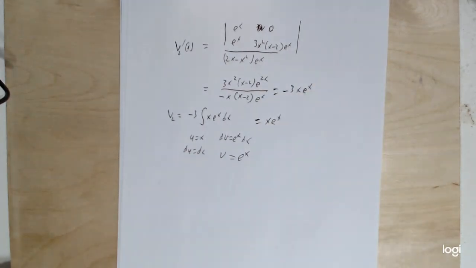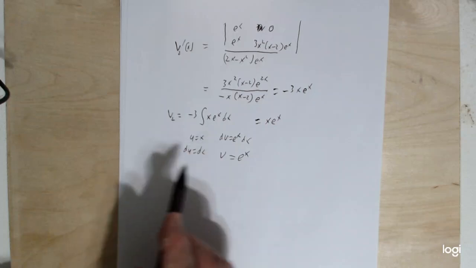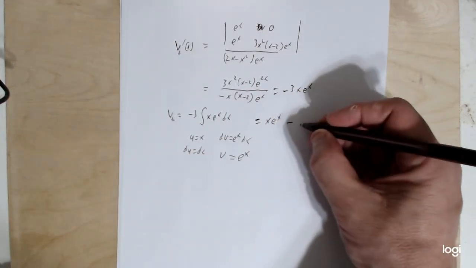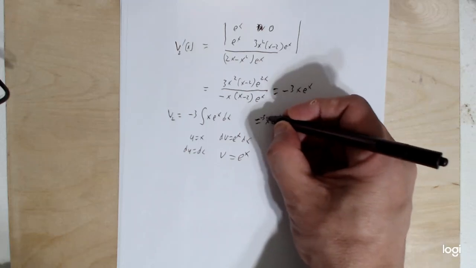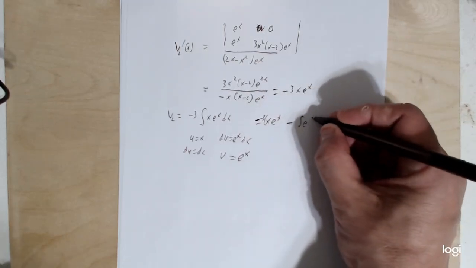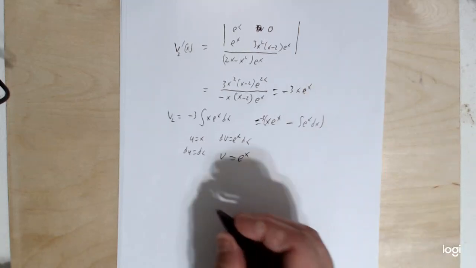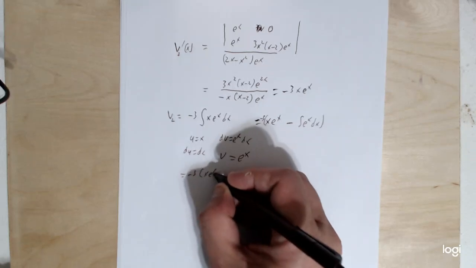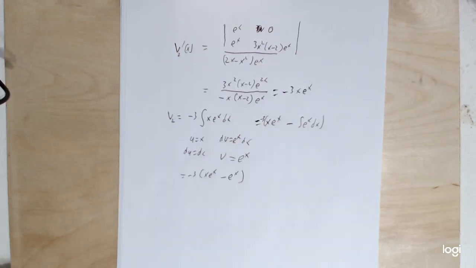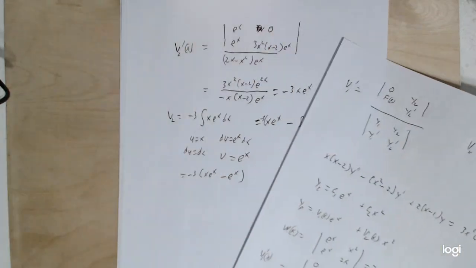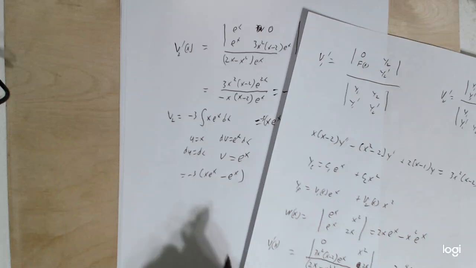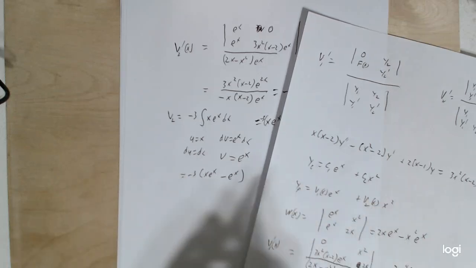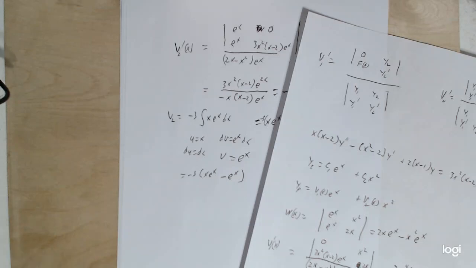Then we subtract off the integral of v du. And I forgot my negative 3 out in front. And so we get v2 is negative 3 times (x e to the x minus e to the x). And then simply to get your particular solution, you would take that v1 and v2 and plug them back in to here. Notice this is a problem you definitely could not do with undetermined coefficients.